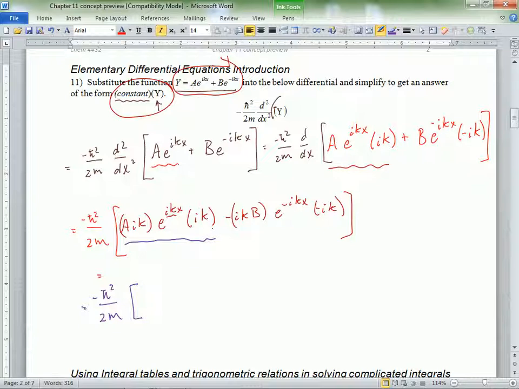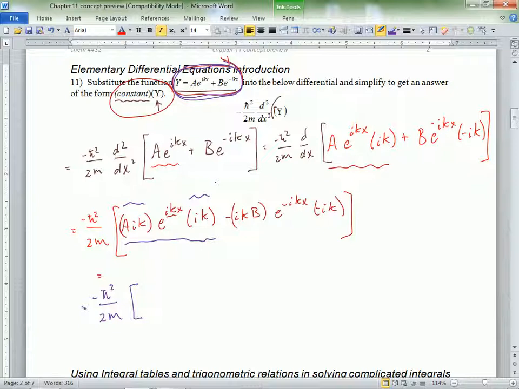Do you want to put ik squared together, or do you want to put i squared k squared? I would put all this stuff together. What would that be if you put it all together? a i squared k squared. Okay, now what was i squared? Negative 1.